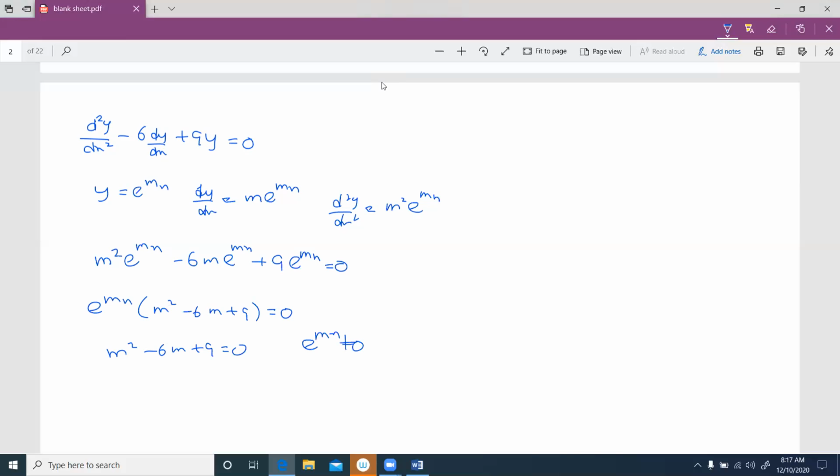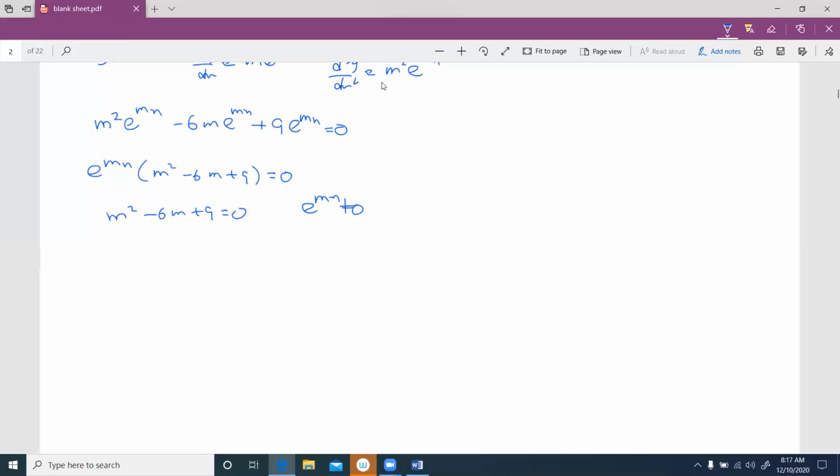So this is the auxiliary equation. If you simplify this, it is (m minus 3) whole squared equals 0, so m equals 3. m equals 3.